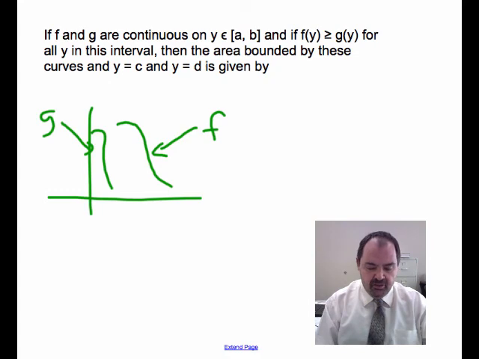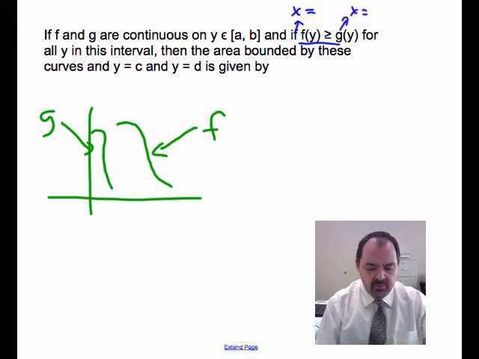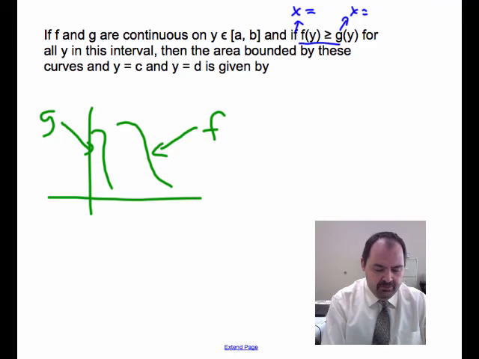Alright, so let's just generalize this result for horizontal rectangles. If you've got two functions f and g, where f is to the right of g, so f of y, meaning that we've got both of our functions isolated for x, f of y is greater than g of y, and we're going to do the area between y equals c and y equals d.